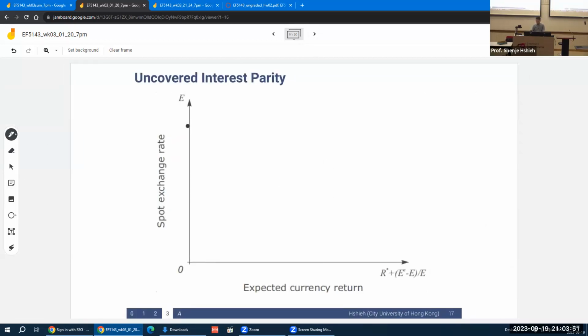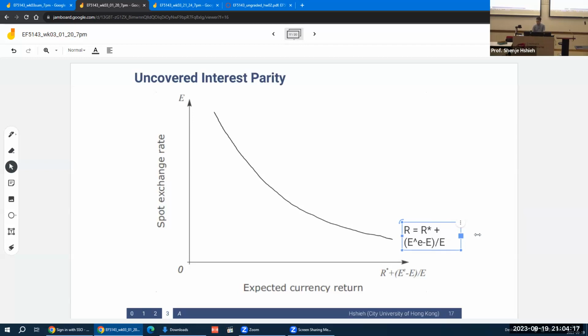All right, so same axes in this graph. Now I want to show you how to think about this for policy analysis. You have a downward sloping curve, which represents the UIP relationship, the uncovered interest rate parity. I often just write R equals R star plus E hat E over E, just to emphasize that the curve represents parity.